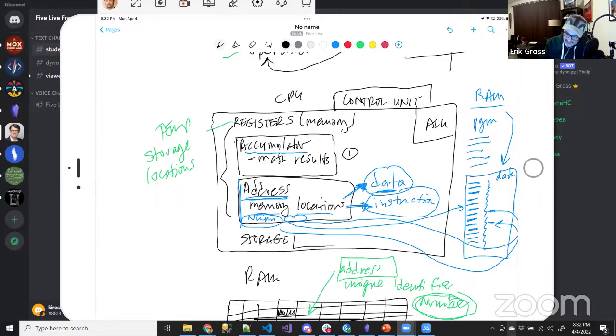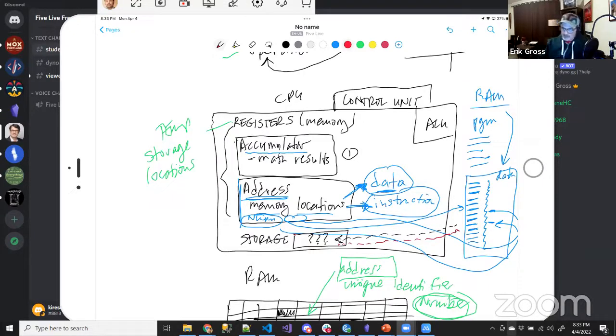And this is literally just a box where you put any data that the CPU is going to need almost immediate access to. It might be data that just came in from memory, but we haven't done anything yet. It might be data that's about to be sent out to memory, but we haven't sent it yet. We can just store it right there until we're ready to do something with it.